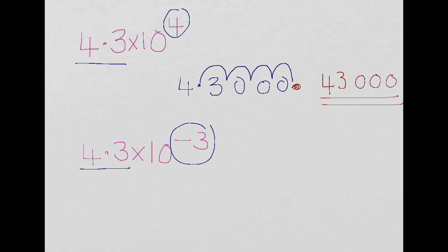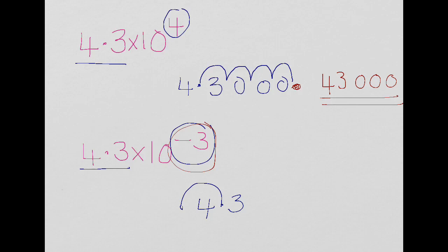Now carrying on and looking at this one where it's negative 3. For this one, I'm not multiplying by 10 3 times. Because it's negative 3, I'm actually dividing by 10 3 times. So here again I write 4.3, and remember I'm dividing by 10, so the first time it gets 10 times smaller.